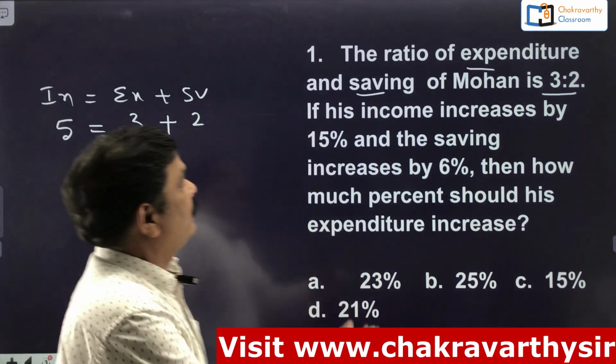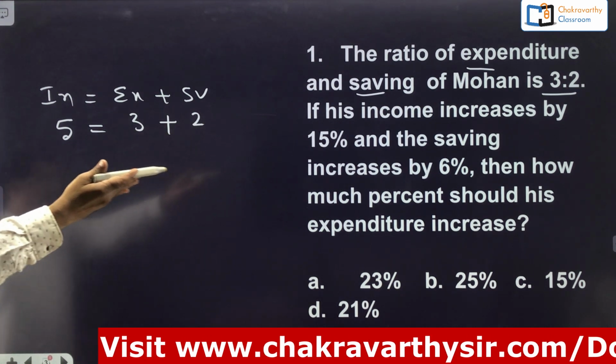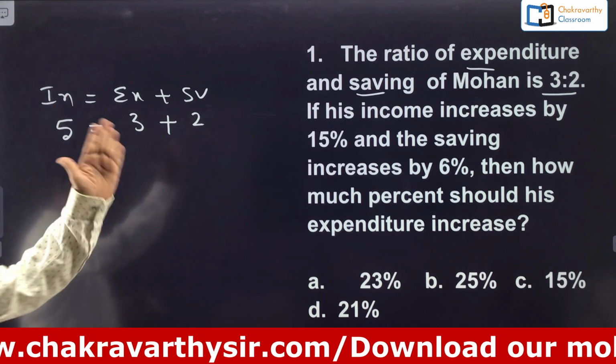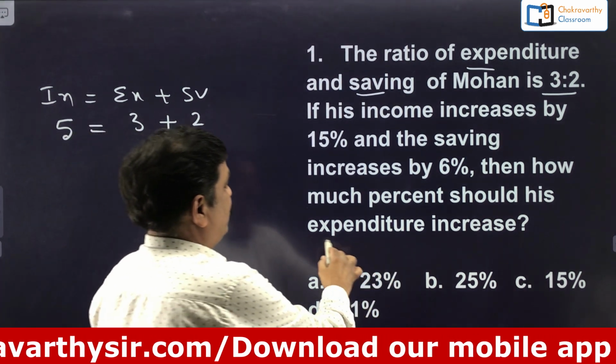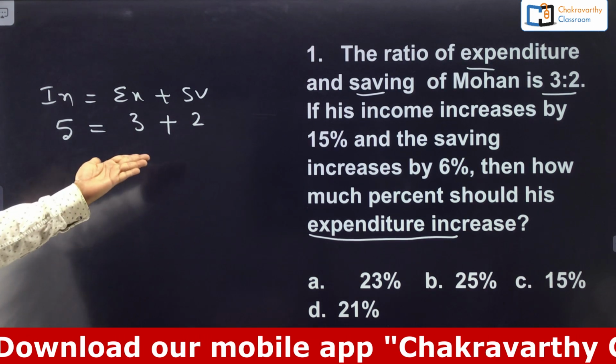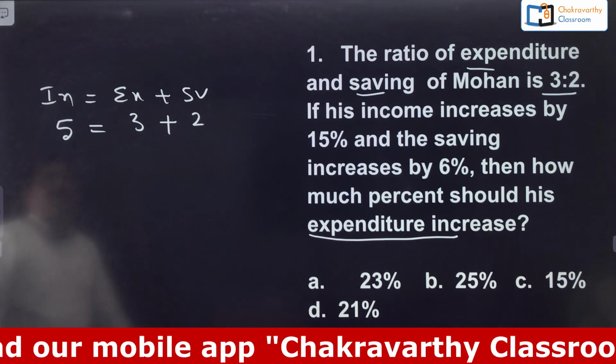Okay, after that, what is increased? Income is increased by 15%, savings increased by 6%. Then by how much percent should his expenditure increase? Direct one here. So income is increased by 15%.